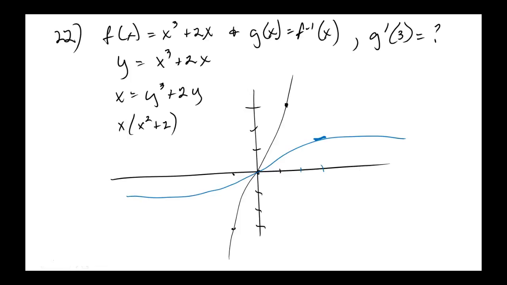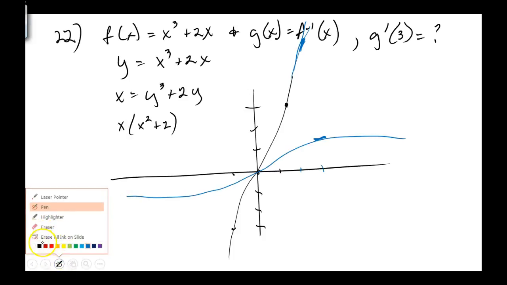And F prime at 3 is going to be like this. Same sign, but I'm pretty sure reciprocal of each other. The flatter this is, the steeper that is. But they're not opposite reciprocals, just reciprocal. So if we know what F prime is, then G prime is going to be the reciprocal of that, I think.